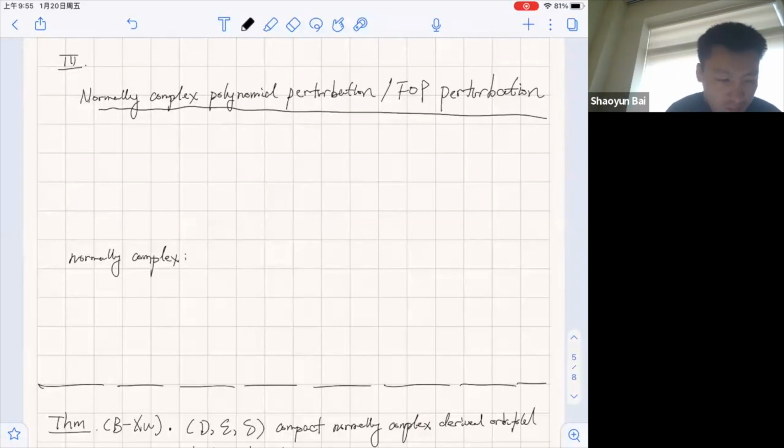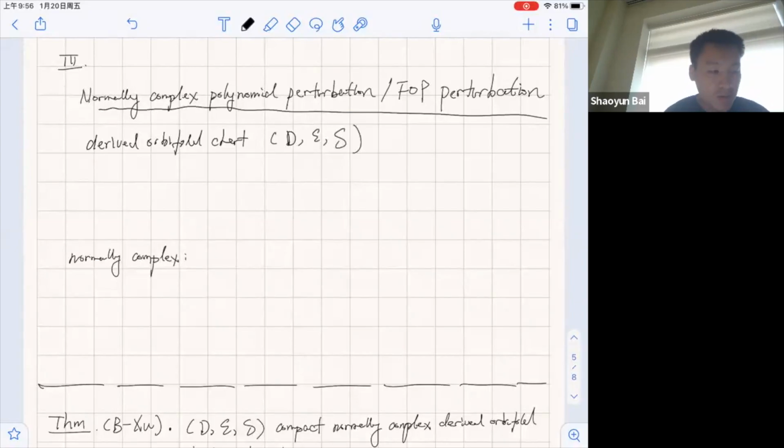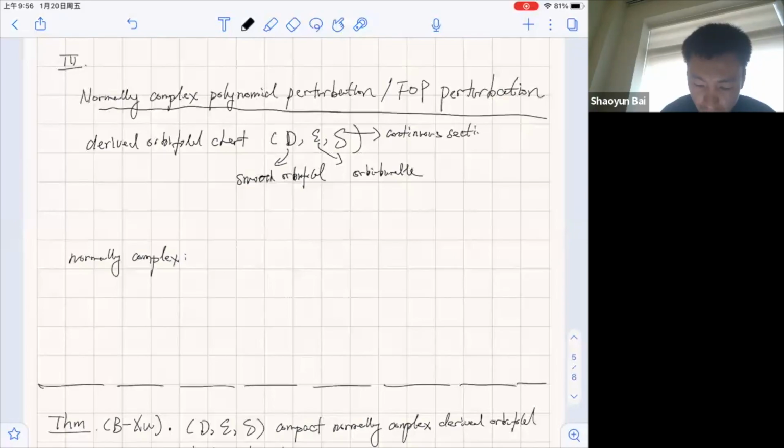Previously I mentioned derived orbifolds. So what's a derived orbifold chart? It's a way to package global Kuranishi charts. It's a triple where D is a smooth orbifold, E is a smooth orbibundle, and s is a continuous section, locally modeled on equivariant sections.